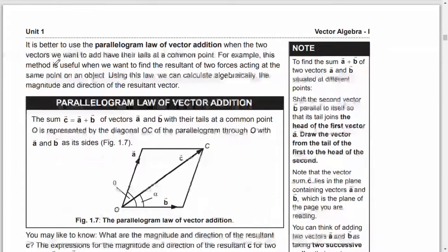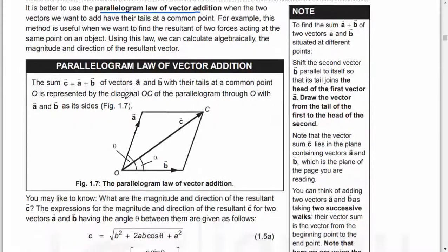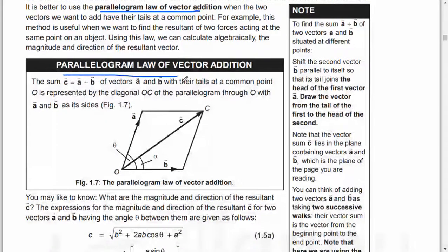It is better to use the parallelogram law of vector addition when the two vectors we want to add have their tails at a common point. For example, this method is useful when we want to find the resultant of two forces acting at the same point on an object. Using this law, we can calculate algebraically the magnitude and direction of the resultant vector. Parallelogram law of vector addition.